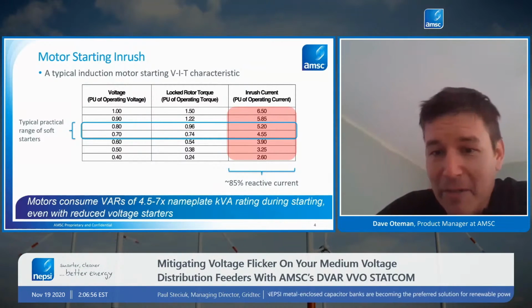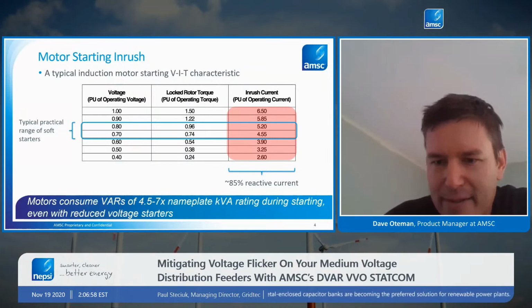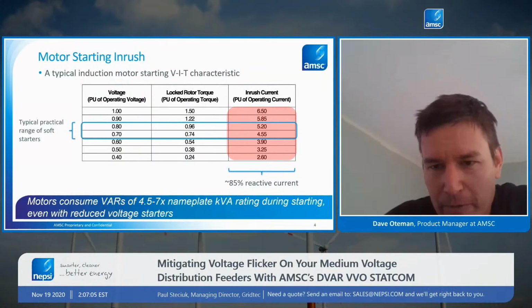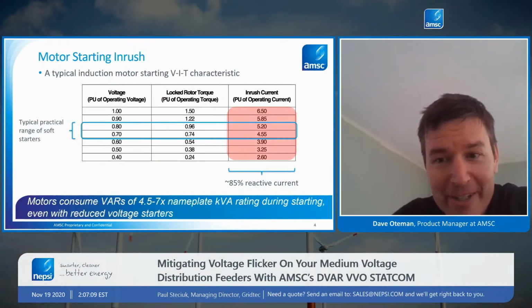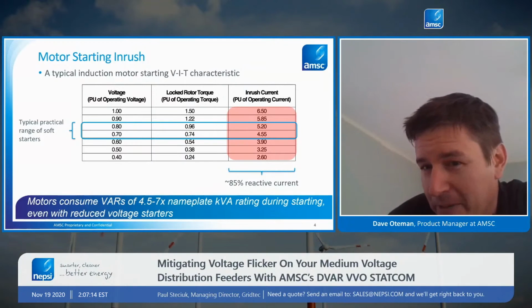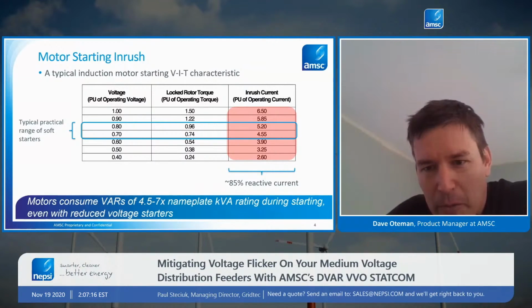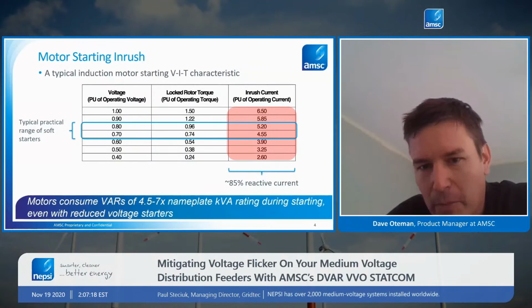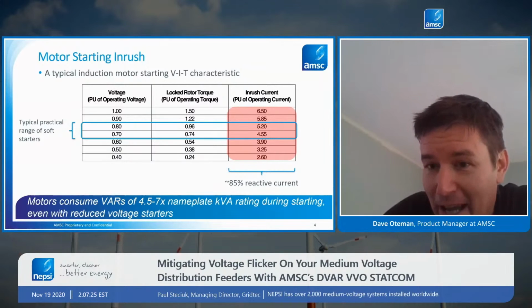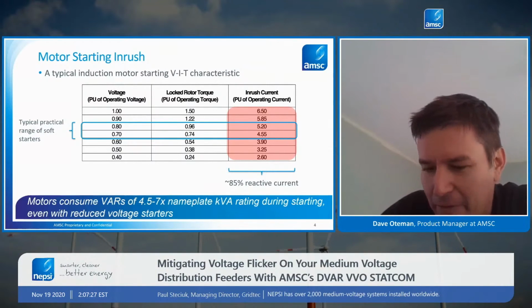What can be seen with the highlighted red section here is that very high inrushes of reactive current are an attribute of the motor. We're talking about 600% reactive current on a starting event. In practical terms, a 500 horsepower motor would equate to somewhere around 3,000 kVAR of sudden reactive inrush current on that feeder.